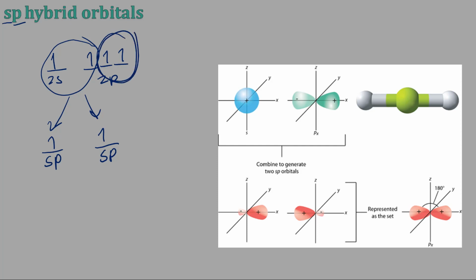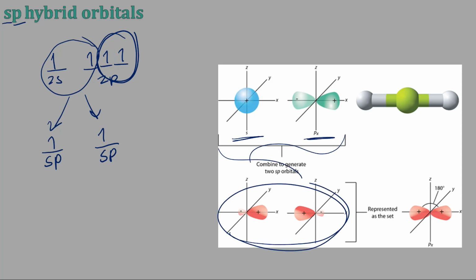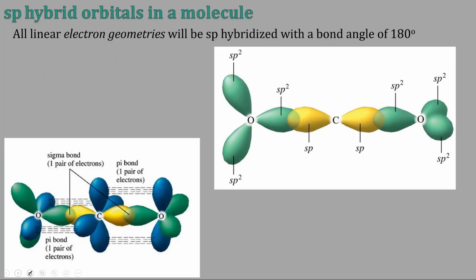Left over. And so here we have an s orbital and a p orbital, and then we mush it together, and we end up getting these 2 mushed together hybridized orbitals. And so these are always going to be linear and 180-degree bond angle because it's going to be a straight line because they're going to get as far apart from each other as possible. And so it says all linear electron geometries will be sp hybridized with a bond angle of 180 degrees.